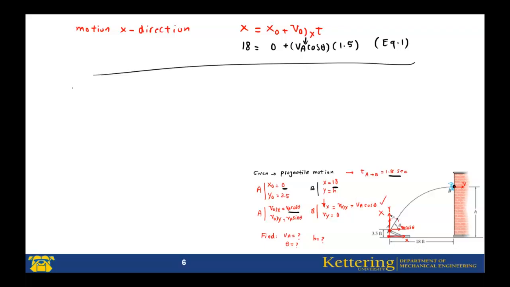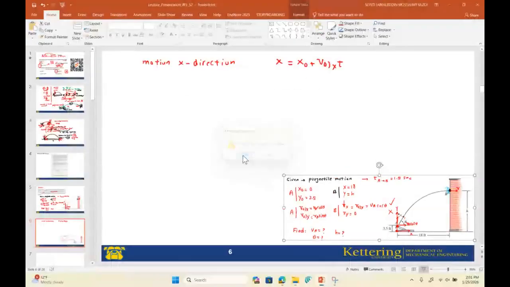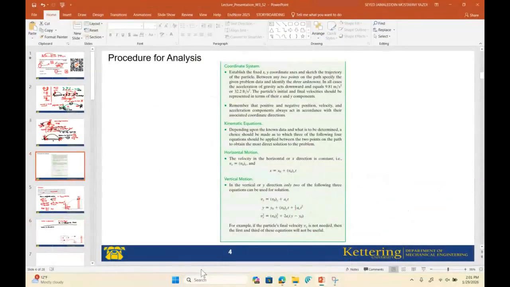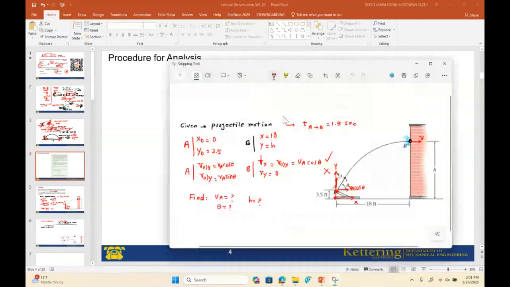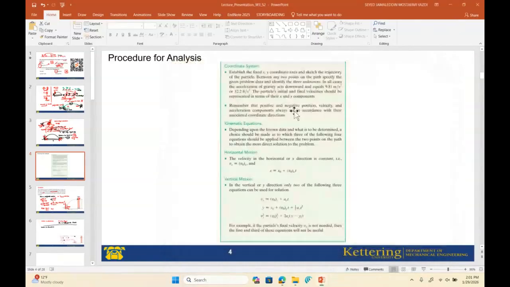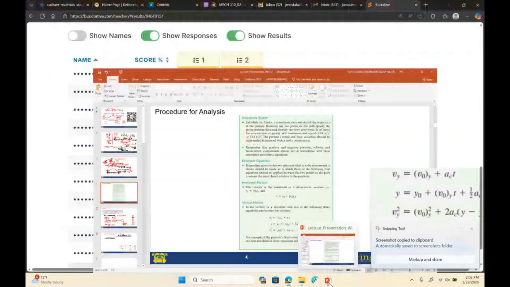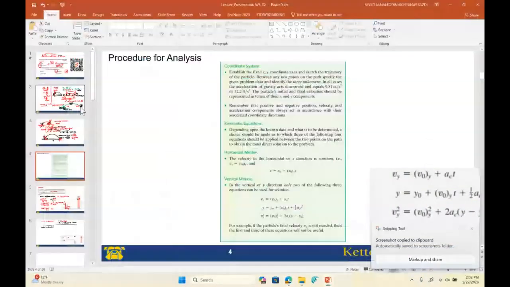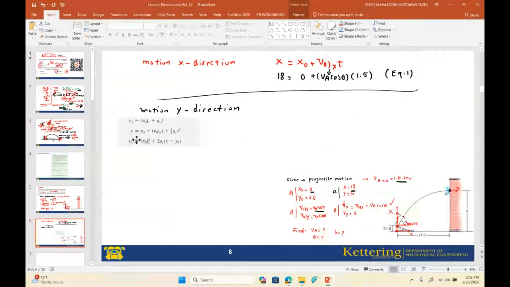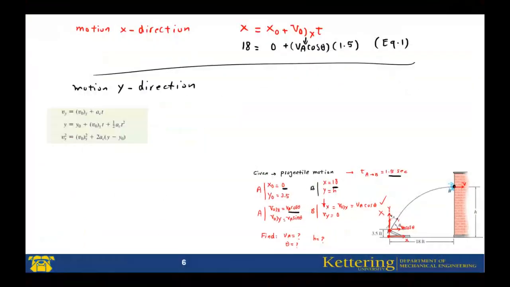Then move to the y direction. Motion along the y direction. I just want to put in exactly the equations that you already have and use them to show where I use them.